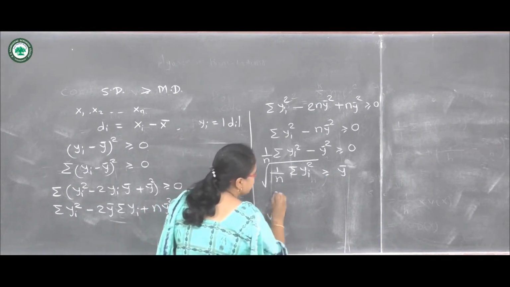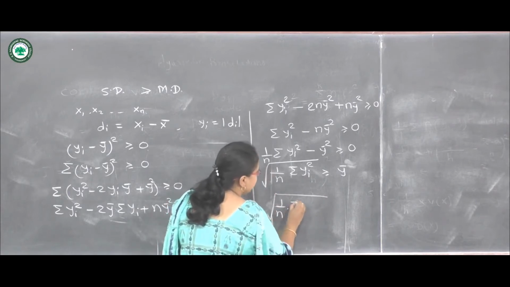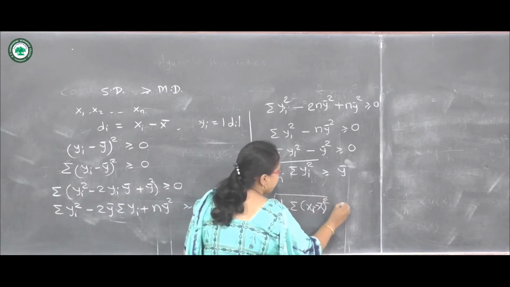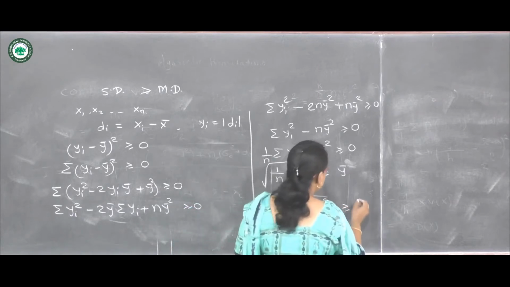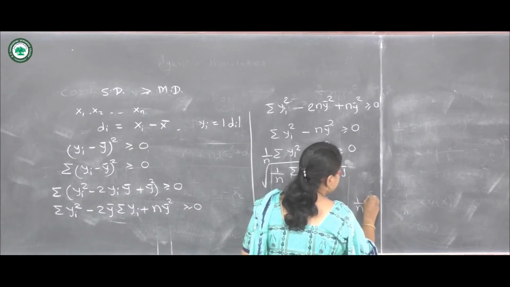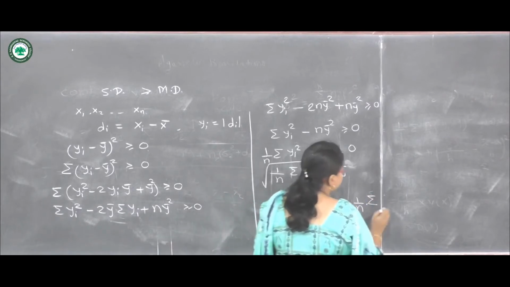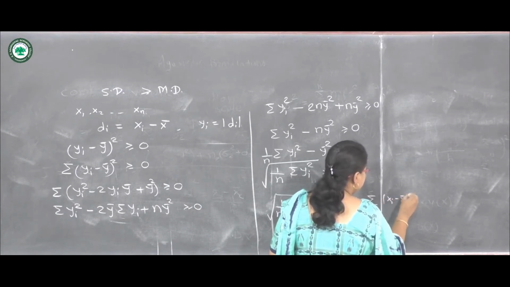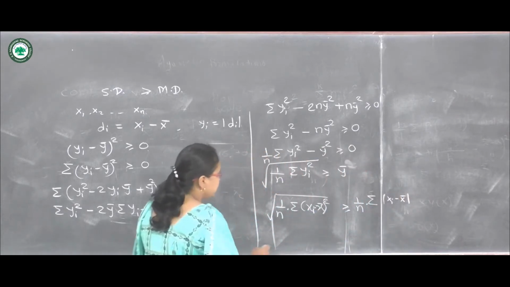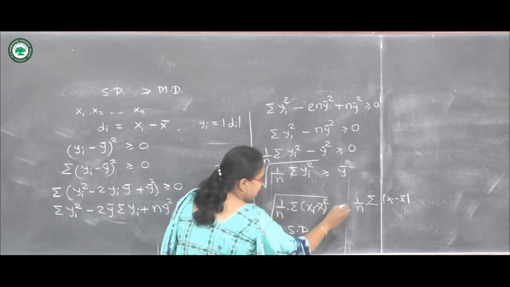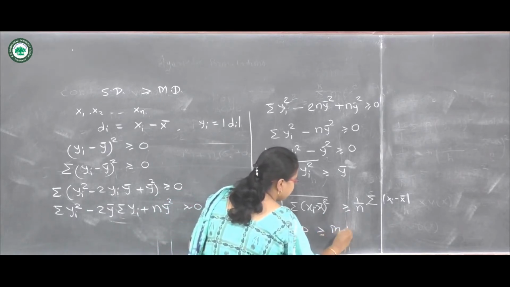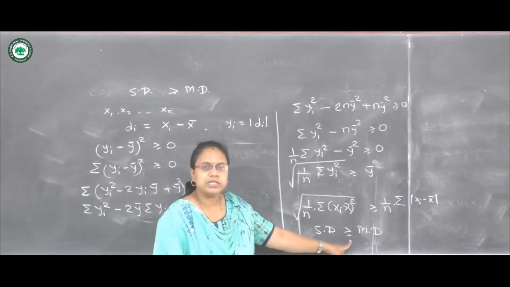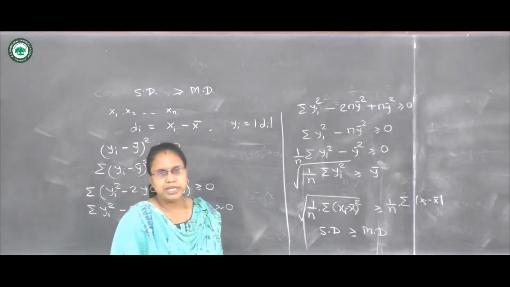So it will give us root of 1 upon n summation of (xi minus x bar) whole square is greater than or equal to 1 upon n into summation of modulus of xi minus x bar. So the left side is standard deviation and the right side is mean deviation. So from here it can be proved that standard deviation is always greater than mean deviation.